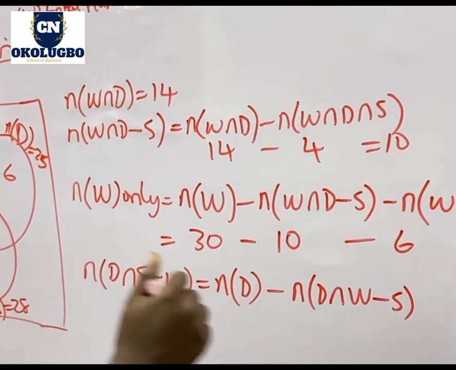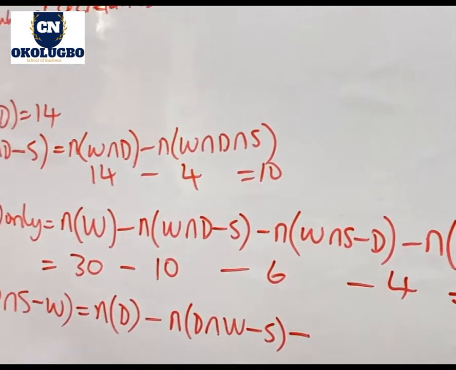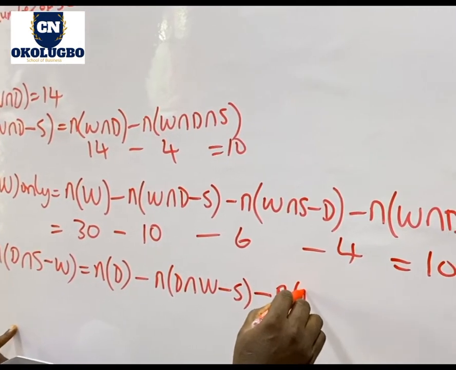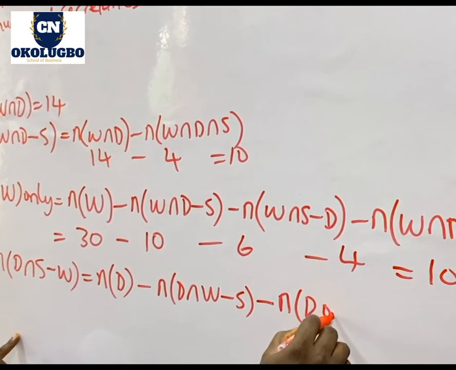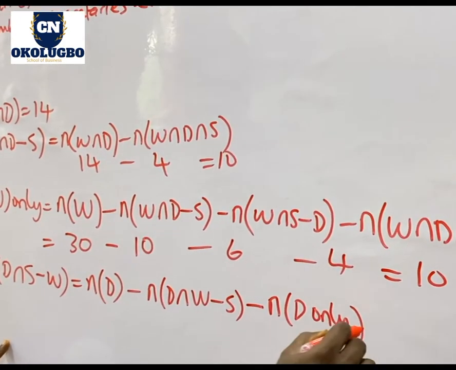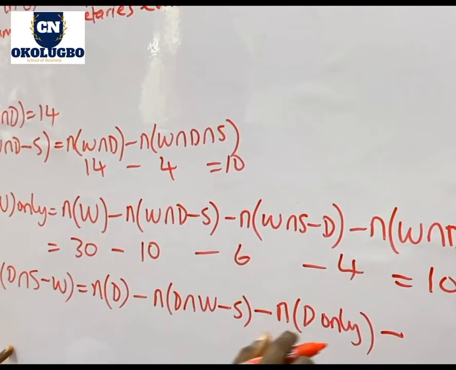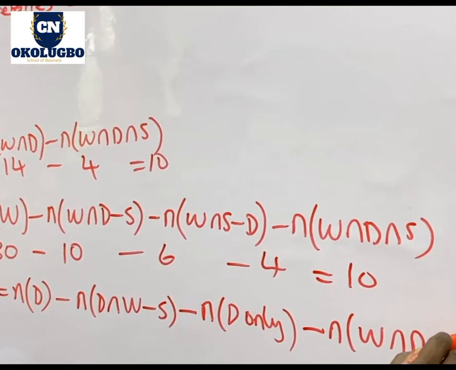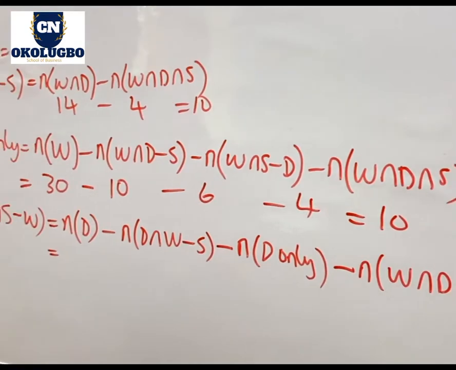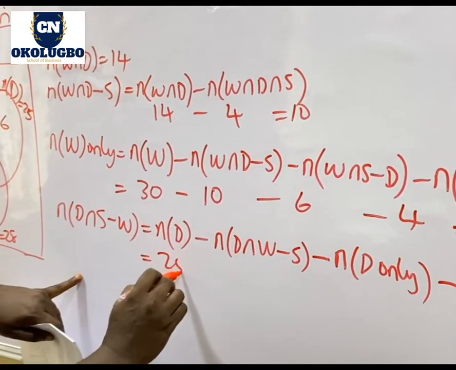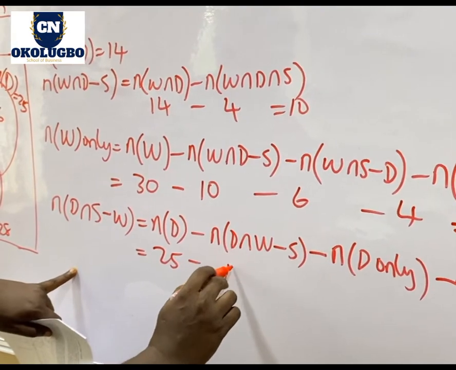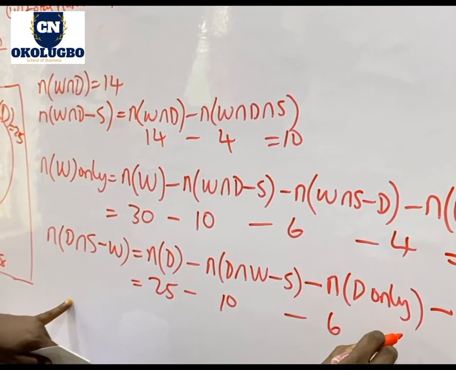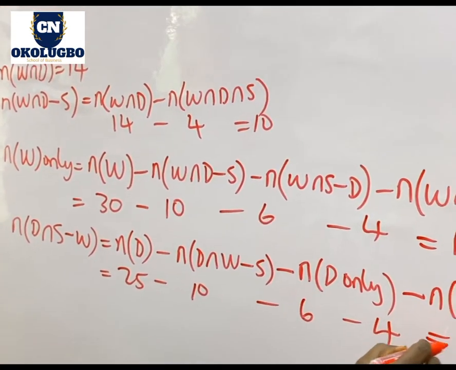That is 10, minus the number of database only, as we have it here, that's what we have as 6, minus the number of Word intersection database intersection spreadsheet. So this will give us the number of database is 25 minus 10 minus 6 minus 4.